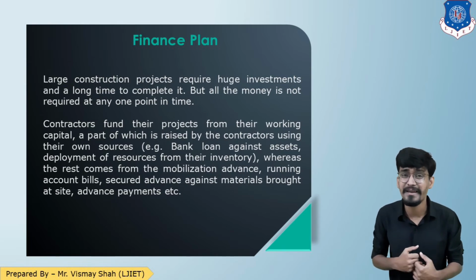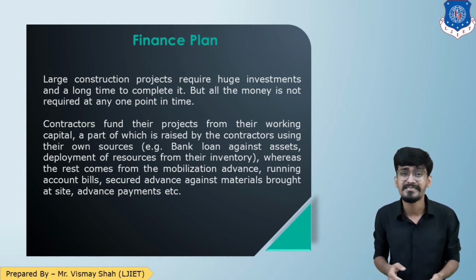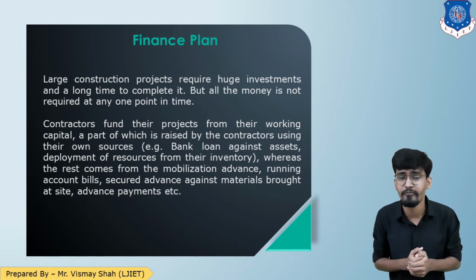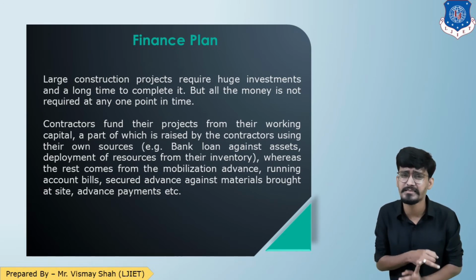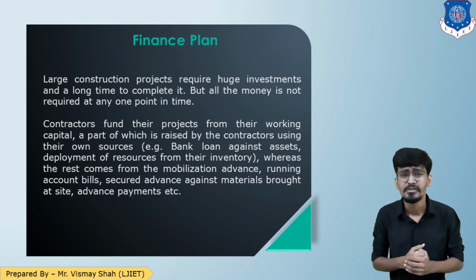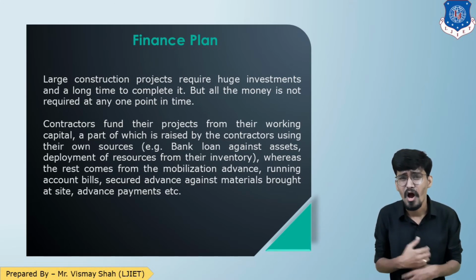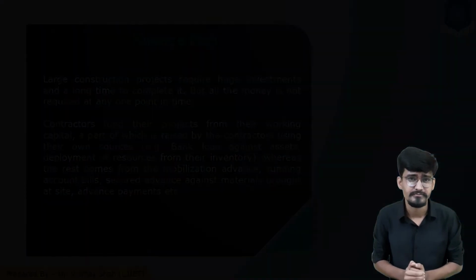Few of the amount is raised from other sources, such as bank loans or loans against their assets, etc. Whereas the remaining amount of their funds comes from running account bills, mobilization advance, secured advance payment against material at site, etc. So these are the sources of funds used by the contractor.